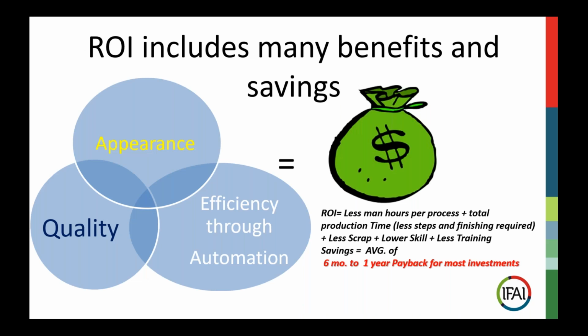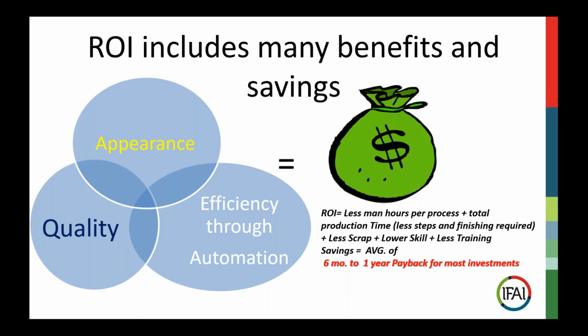Speaking of automation, your return on investment for these machines is very important, and that's probably one of the reasons why you're here today: what's it going to cost me, and am I ever going to see a return on my investment? Well, for many of the machines that we discussed here, there are several factors that go into your return. Obviously, labor is one of them, but because you achieve a hermetic, very flat, almost invisible seam, the quality of your product goes way up.